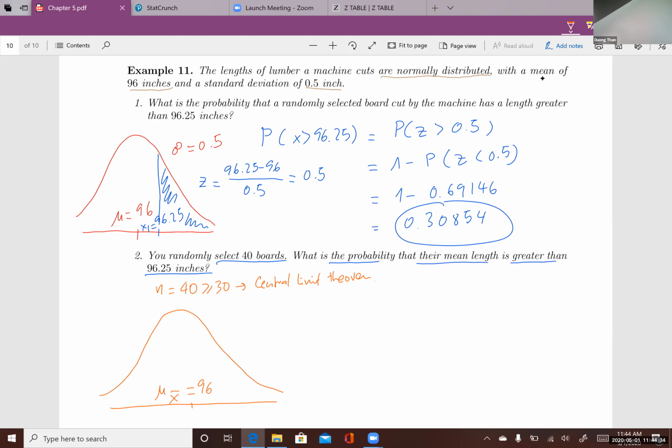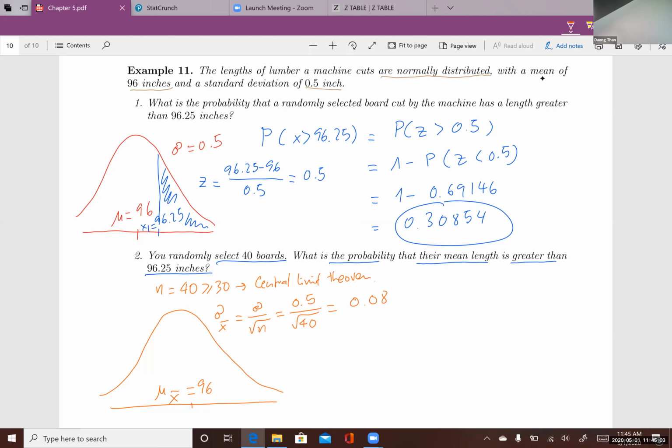But the standard deviation of the sampling distribution is equal to the standard deviation of the population divided by the square root of n, which is 0.5 divided by the square root of 40, which is 0.08. I rounded it, okay.